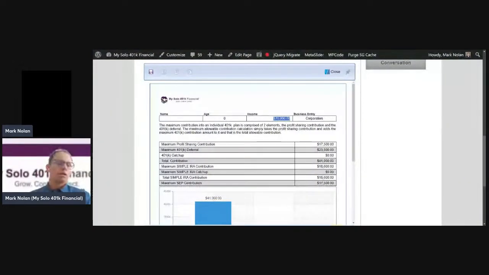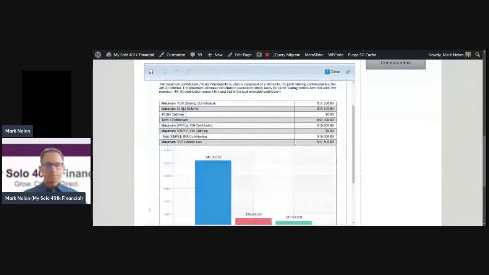Because again, when it's an S corporation or C corporation, self-employed business, you use your entire gross wages. You're not required to subtract 1/2 of self-employment income tax from that box 1 of W-2 wages. So as a result, it's a dollar for dollar contribution figure.